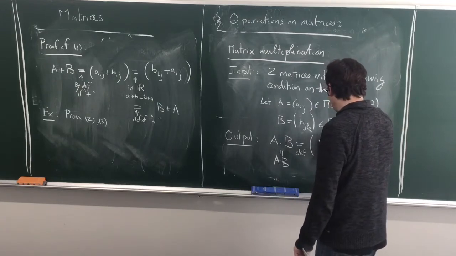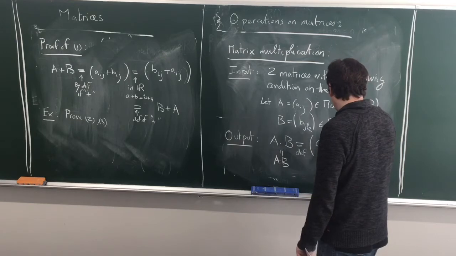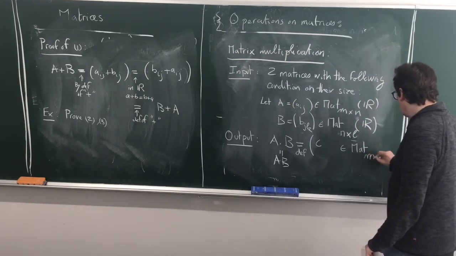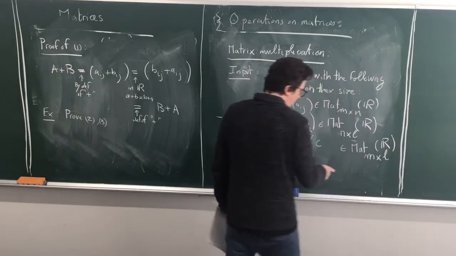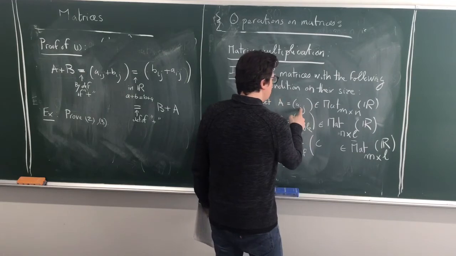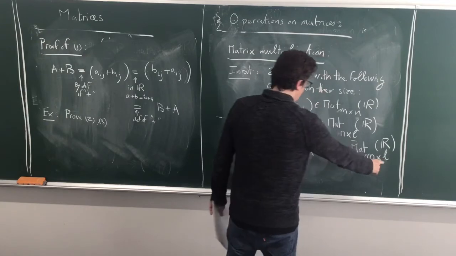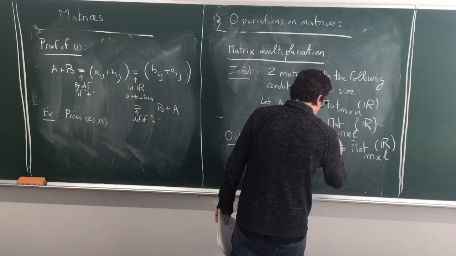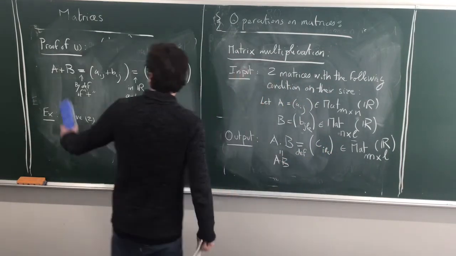I will call the entries temporarily C. The result will be a matrix in Mat(M, L), which means that the first index should be the index relative to M, which is I, and the second index should be relative to L, and this index is K. So I should call the entries CIK. Now I need to define what CIK is.